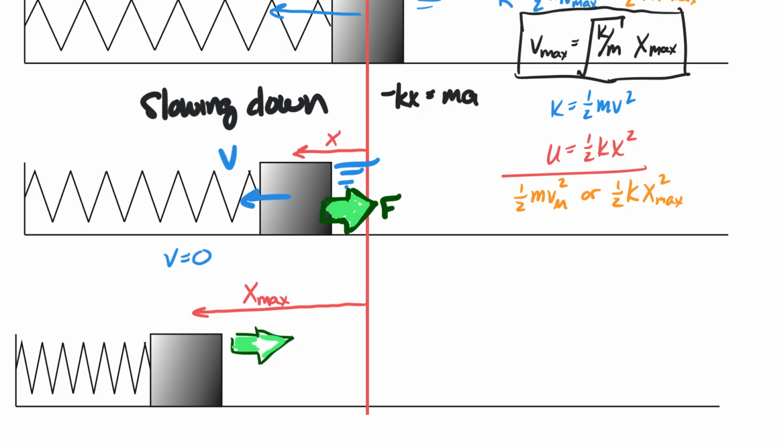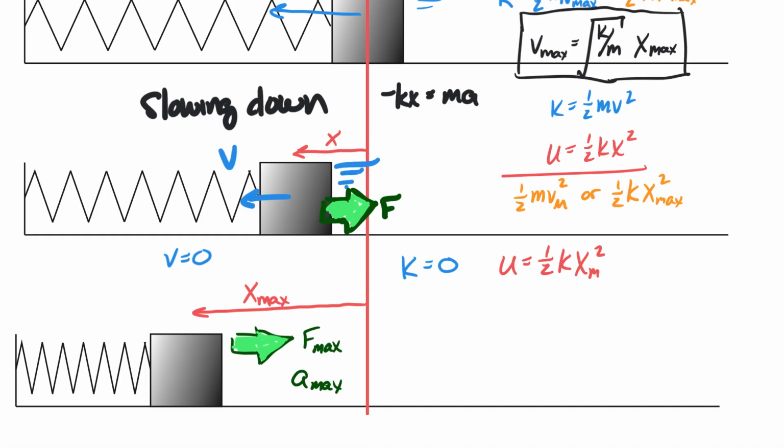This is where the force is the biggest. So if you're actually here, the force you're experiencing is the greatest it's going to be. Force is at a max. That means the acceleration is also at its max. But the velocity is 0. There is no kinetic energy. But our potential energy is back at the max, 1/2 k x max squared.